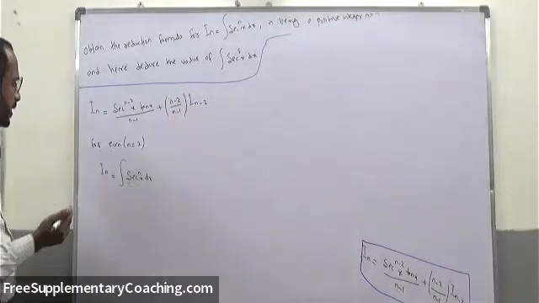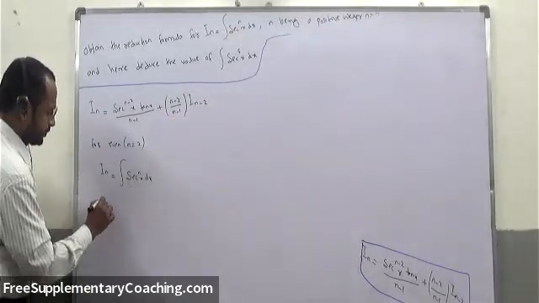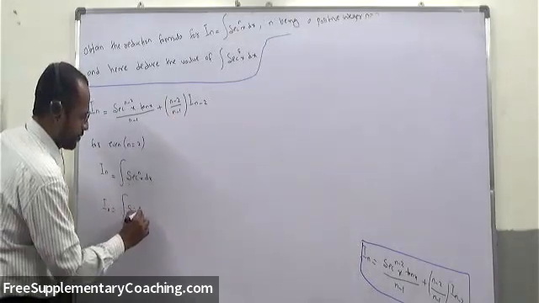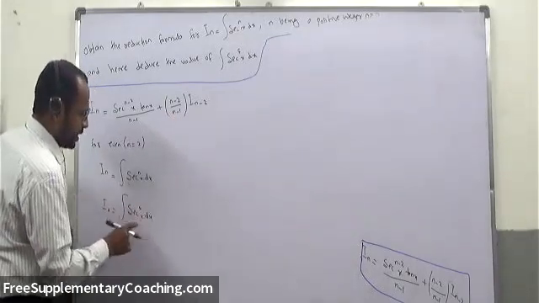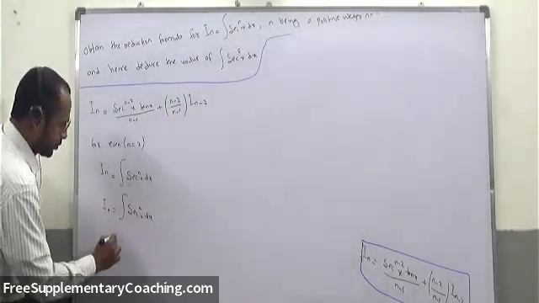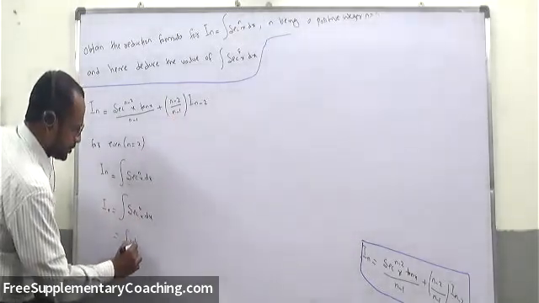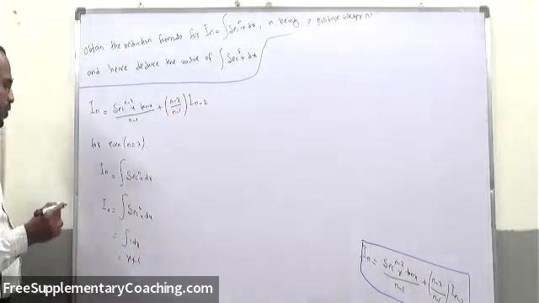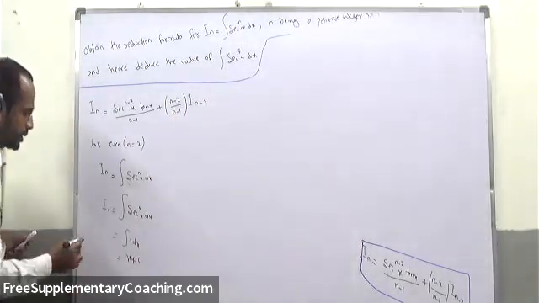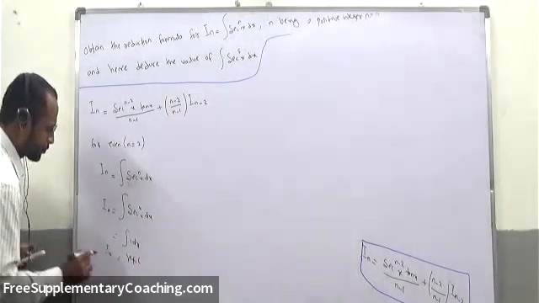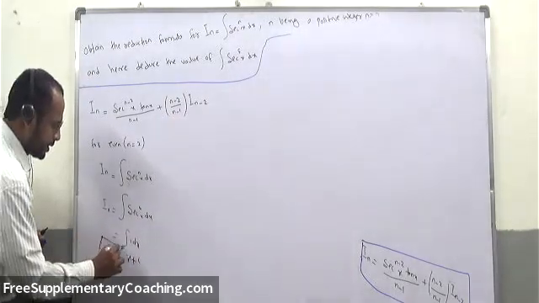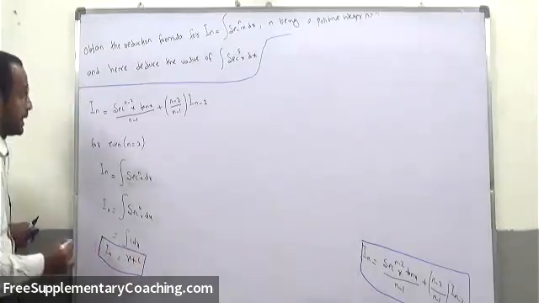That is I naught, which is equal to integration of secant power 0x into dx. Anything power 0 is 1. So integration of 1 into dx is nothing but x plus c. If you want, you can write c plus 1, it's up to you. So we have got I naught is equal to x plus c for the even condition.